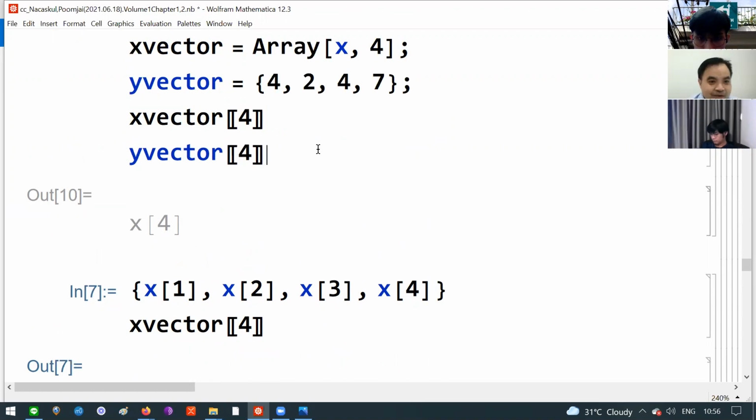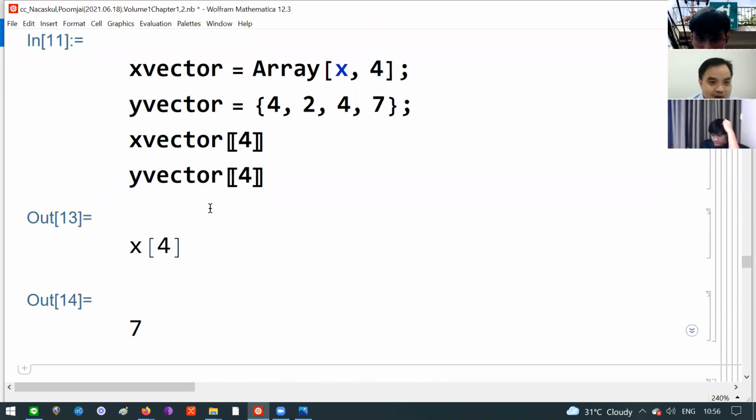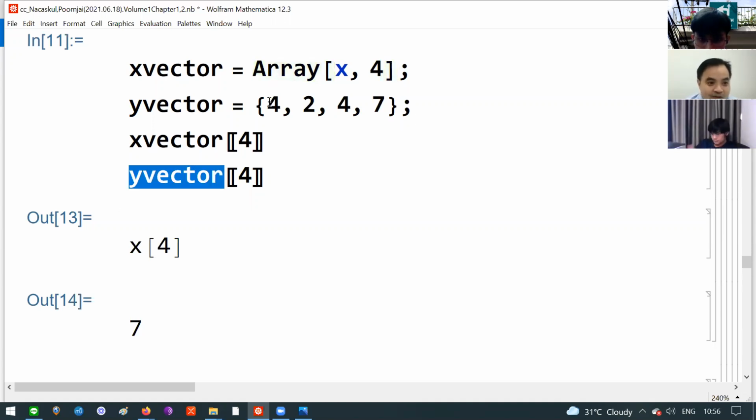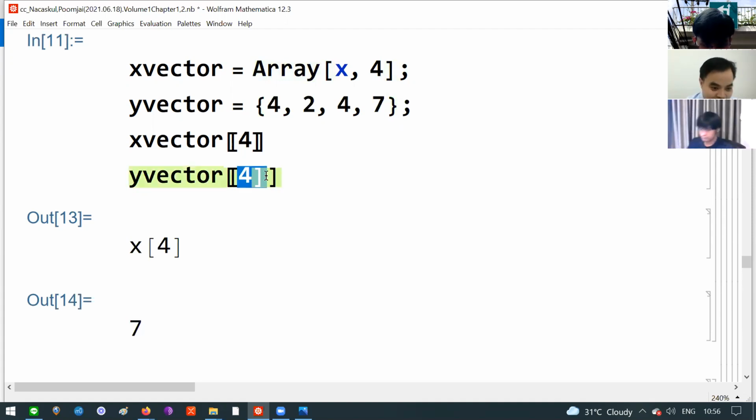It's going to give you x4, right? It's just an array of x, the fourth one, no value to it, but y has a value. So the first one, the second one, the third one, the fourth one is 7. Okay. So let's go to the third one.